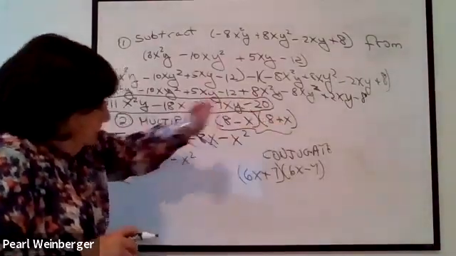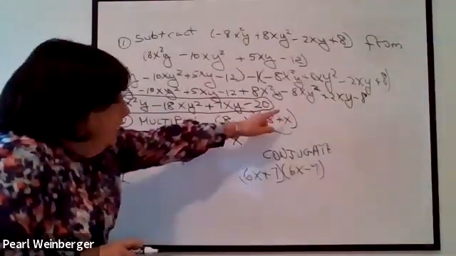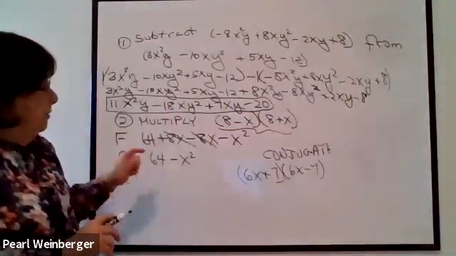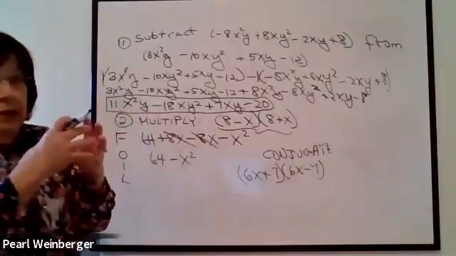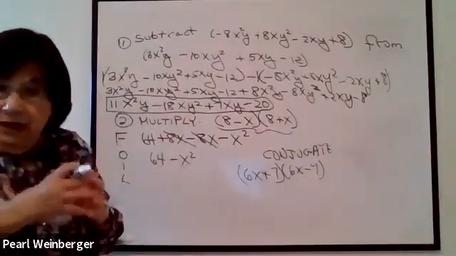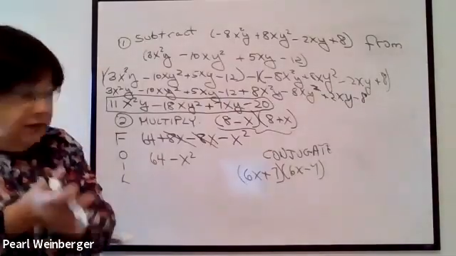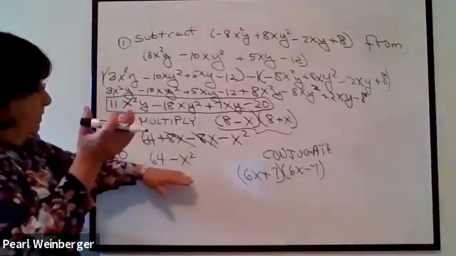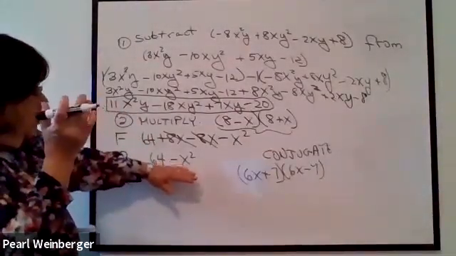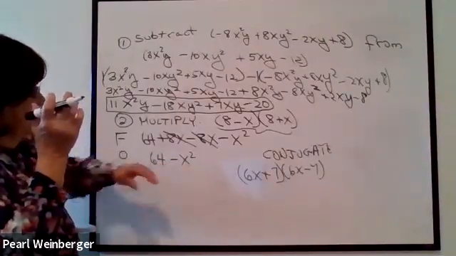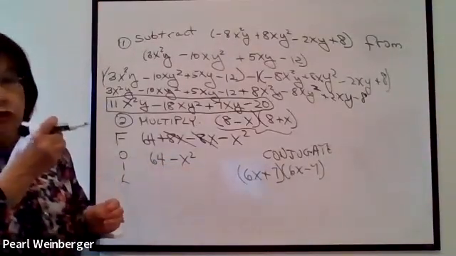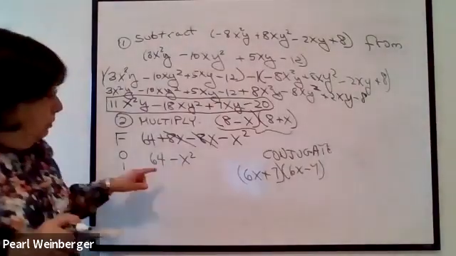Here the outer was a positive 8x. Here the inner was a negative 8x. And when you add two terms that are identical, except one is positive, one is negative, they cancel each other out. And that's why when you multiply conjugate binomials, your answer doesn't turn out to be a trinomial, it turns out to be a binomial.